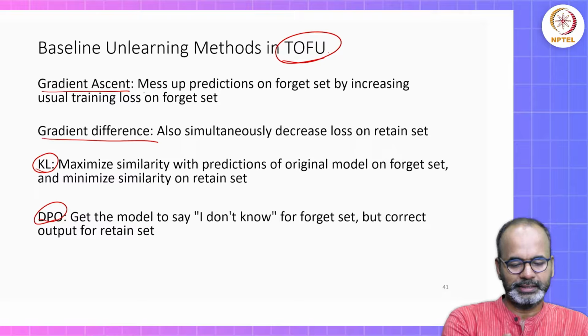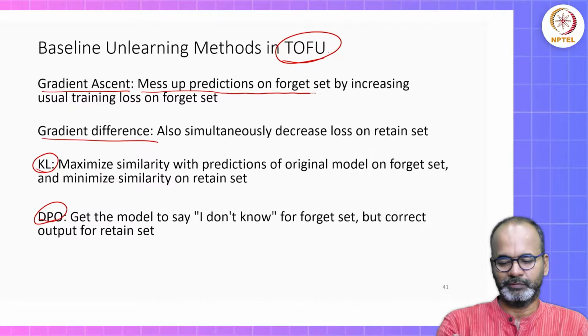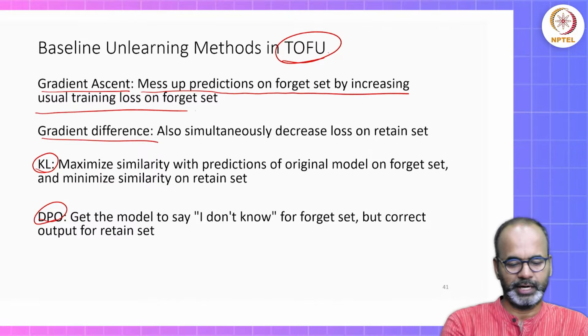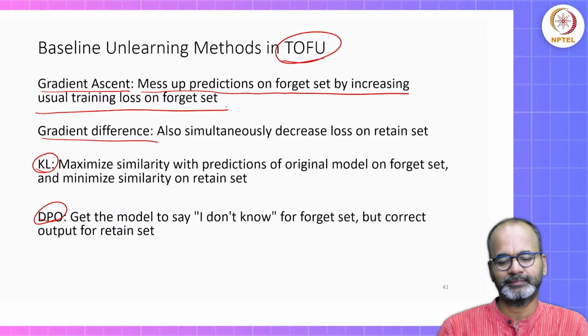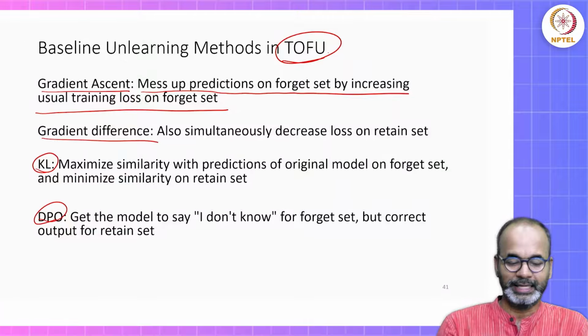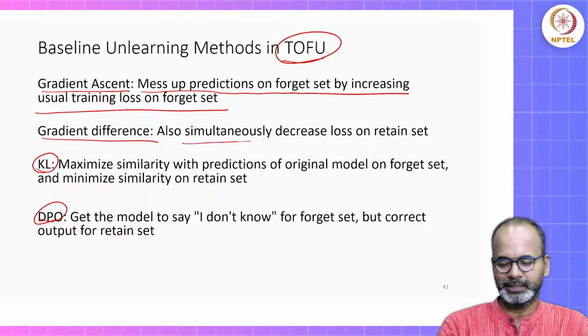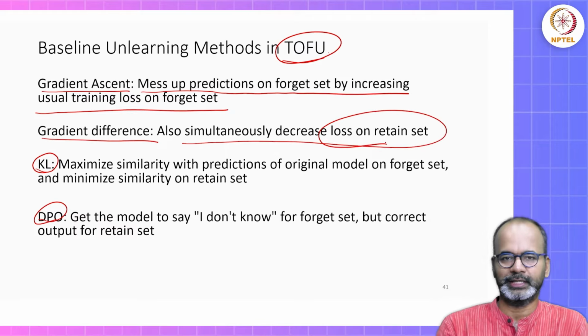So gradient ascent is to mess up predictions on the forget set by increasing the usual training loss on the forget set. What does it do? You're messing up the predictions on the forget set by increasing the usual training loss on the forget set. Gradient difference simultaneously decreases the loss on the retain set.